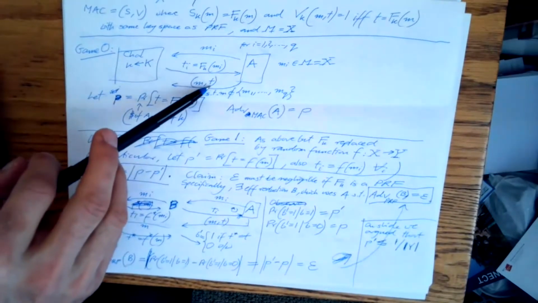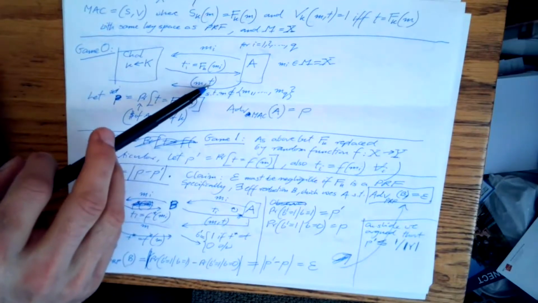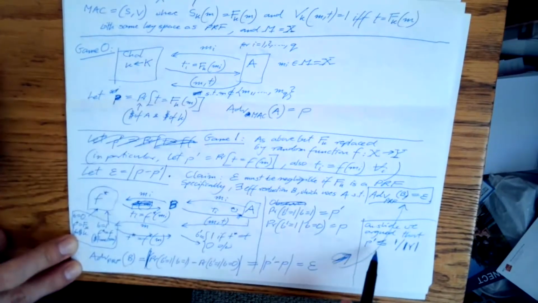So there is basically a one over range size probability of guessing it correctly, which is this part.